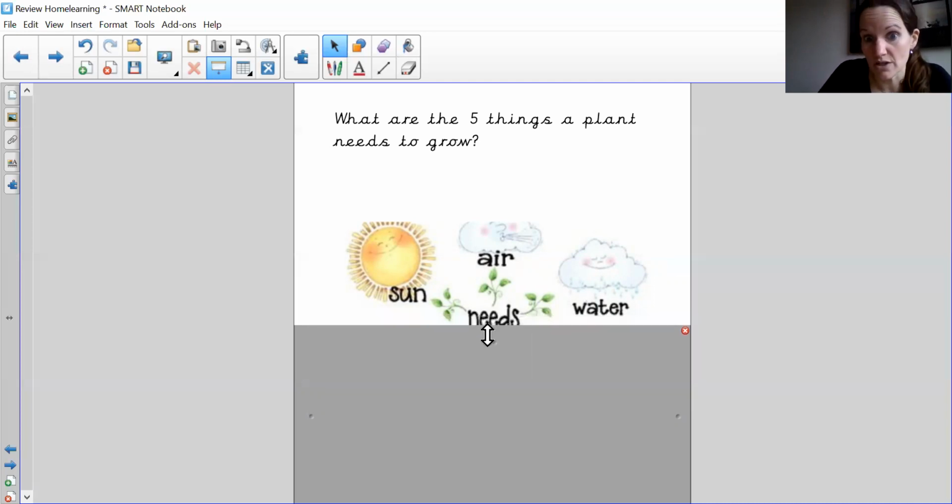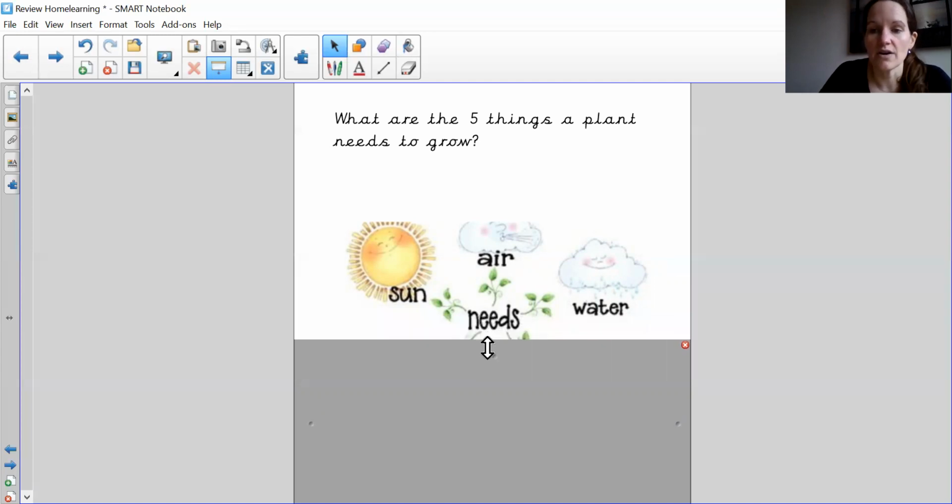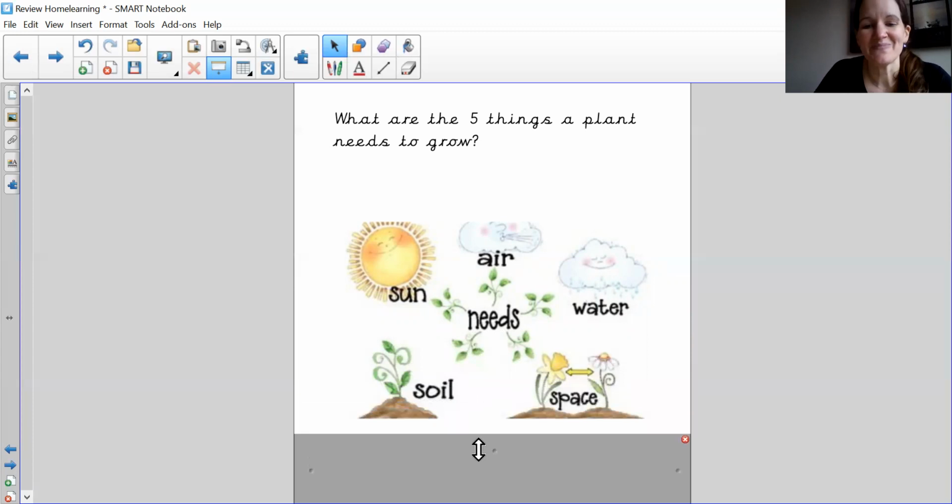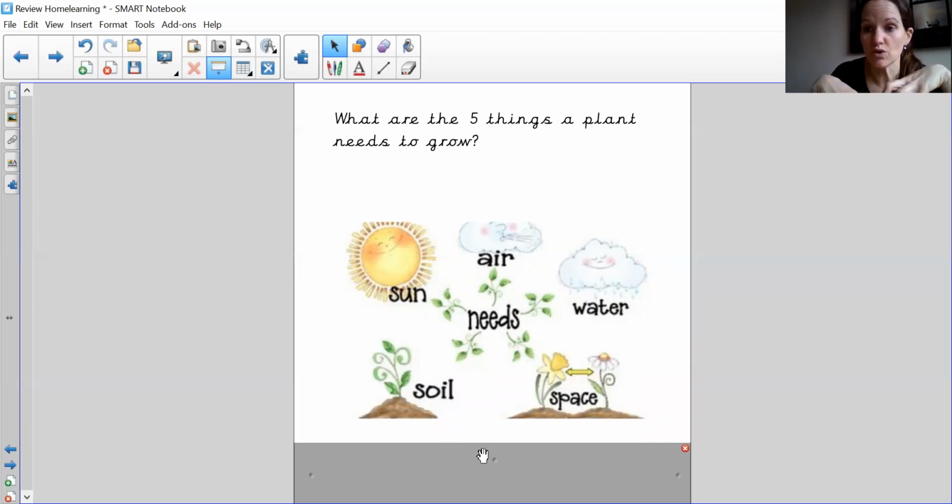And it needs water, of course. The water we get goes up through the roots, right, up into the stem, into the leaves, and the water carries nutrients as well. What else does it need? Well done. It needs soil. So it needs to have that soil so the roots can make a base to help it stand up so it doesn't fall over. And it needs space.